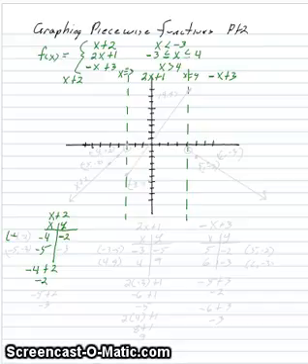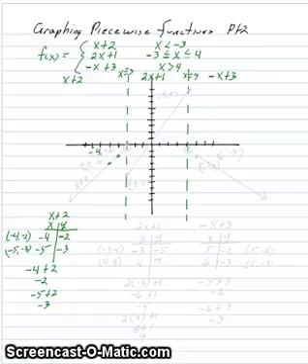So I have -4, -2, and -5 plus 2, which is -3. So when x is -5, y is -3. So there's my 2 ordered pairs. So I go to -4 and down to -2, -5 down to -3.